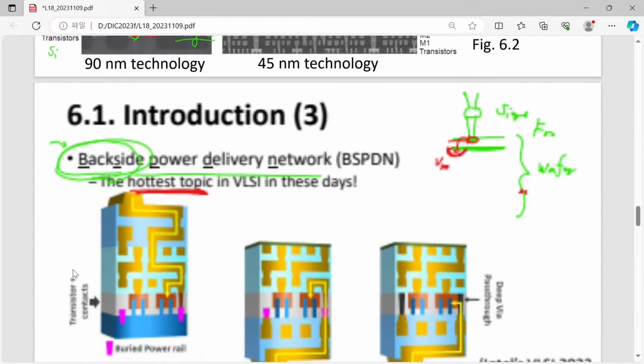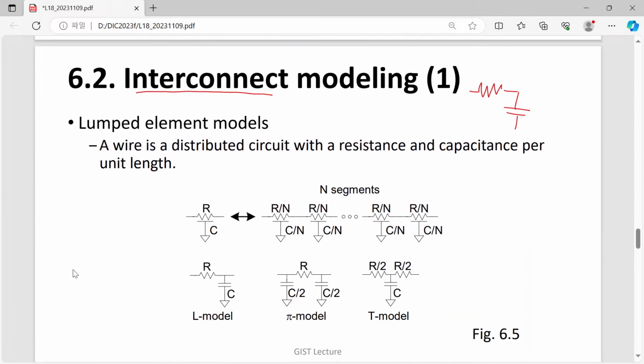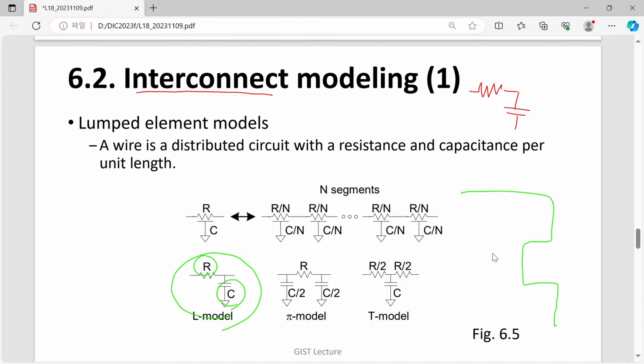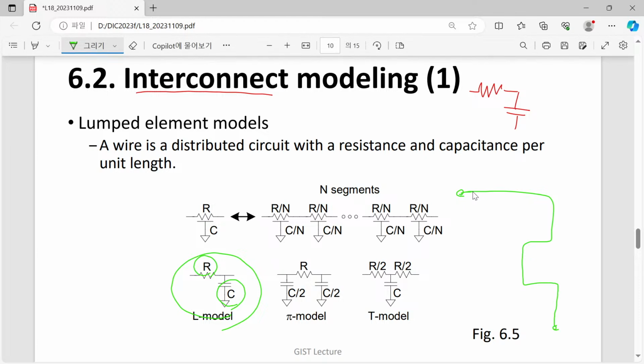So now let's come back. Simply speaking, when you consider an interconnect, what you have to do is just to find out this number. Per unit length, what is the resistance? Per unit length, what is the capacitance? Once you know these parameters, then if you have a long line of your metal wire, you can just consider it as a distributed circuit.